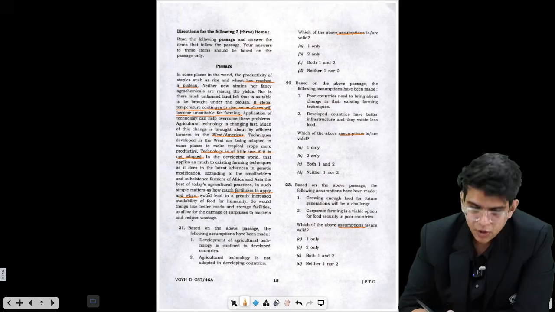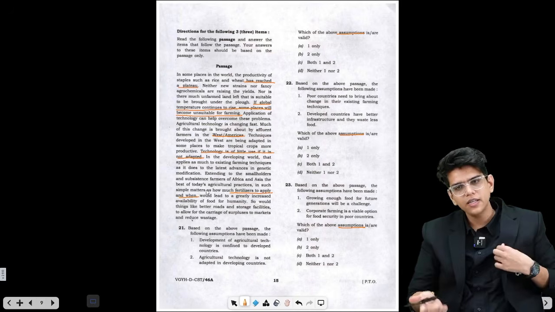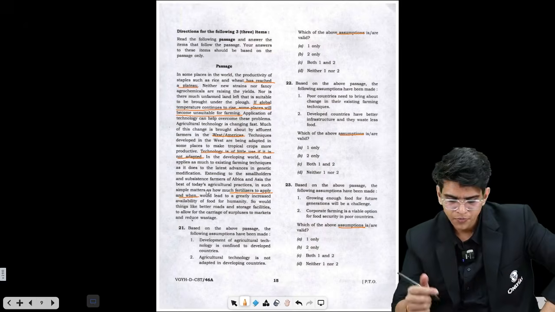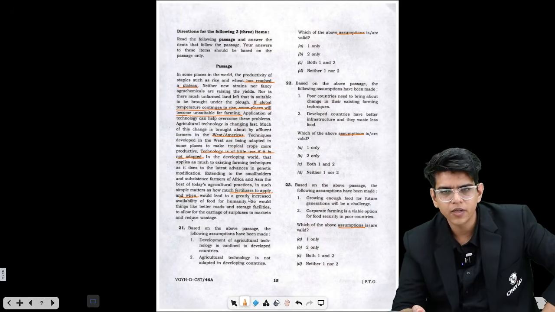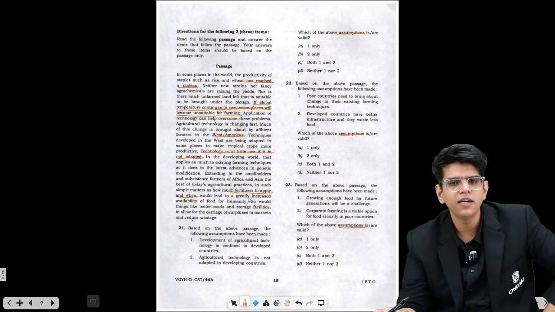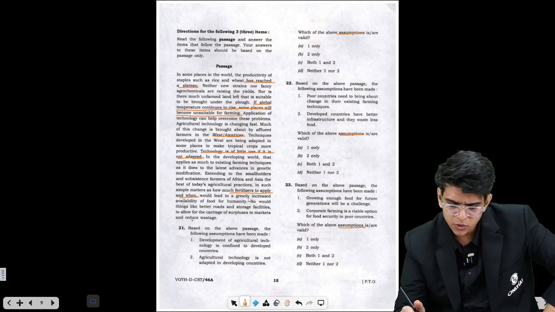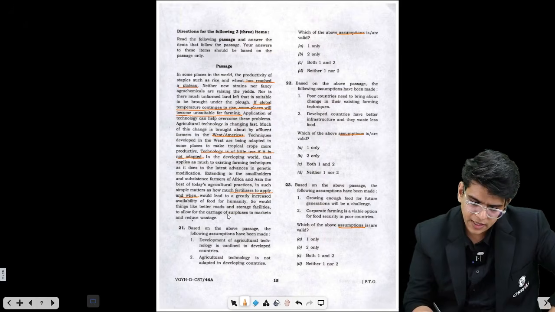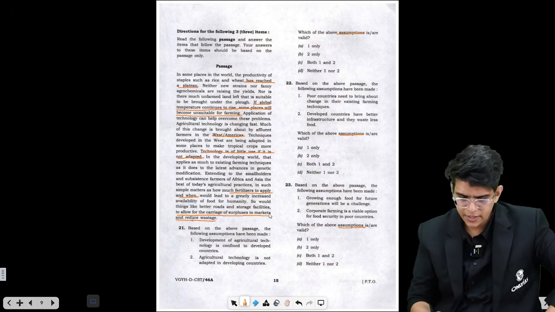Leave alone the technology. In most of the areas, people don't know how to use the fertilizers. That is also one of the problems. Would lead to a greatly increased availability of food for humanity. Now, if you solve this basic problem, there will be more availability of food for everyone. So would things like better roads and storage facilities to allow for the carriage of surpluses to markets and reduce wastage. Okay, now let's look at one question at a time.